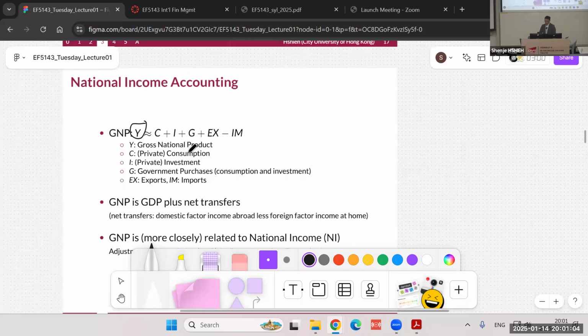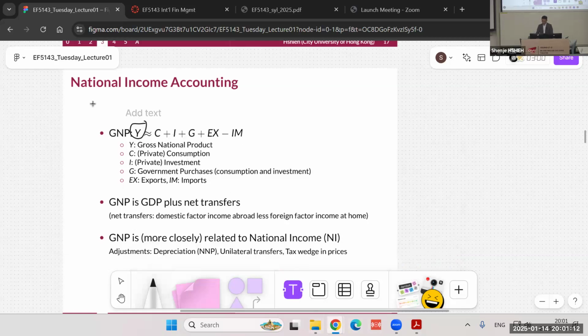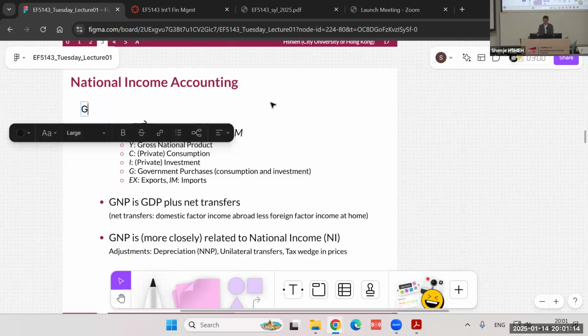So Y is going to be our measure of national income. I want to make it clear that in some textbooks, GNP is basically GNI, gross national income. So in this class, I'm just going to say GNP, but that's what I'm referring to. Okay, I'm referring to the national income of a country.